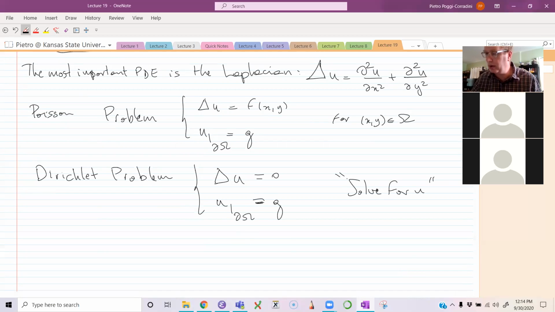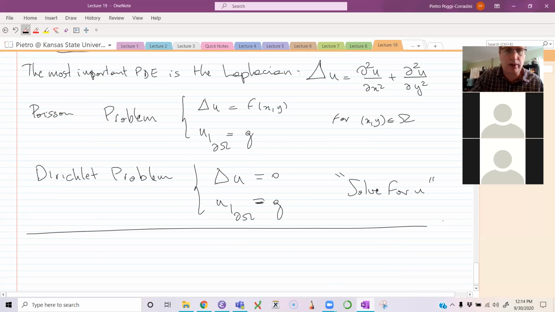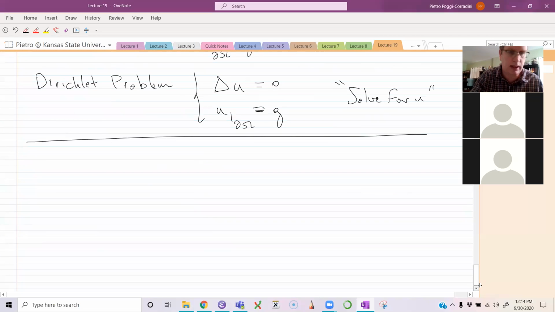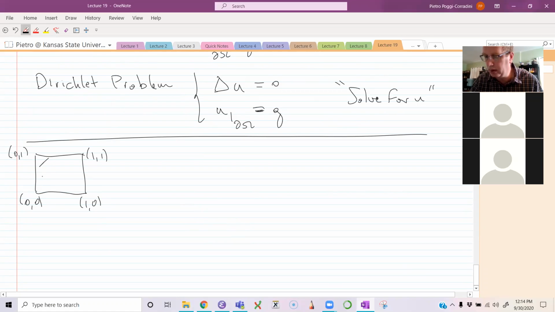All right, so let's try to set up this problem in a simpler domain, namely in a square. I'm going to take this is (0,0), (1,0), (1,1). That's my omega. And so I need to have some boundary data.